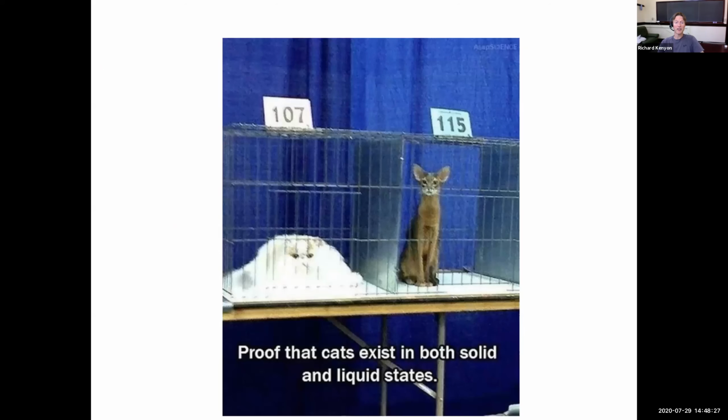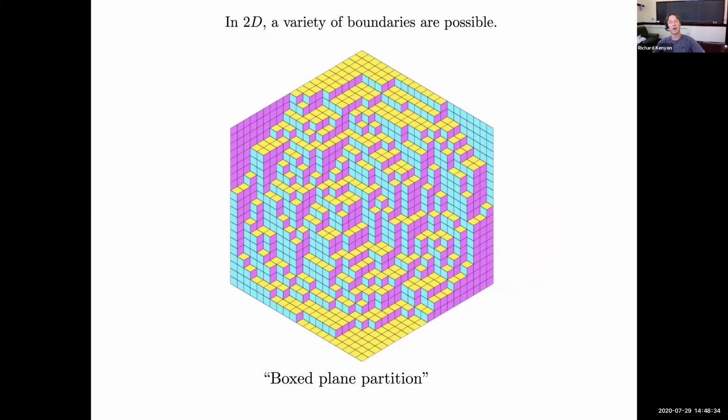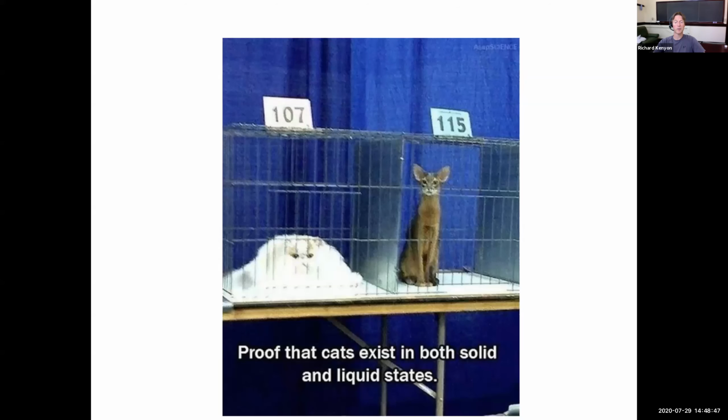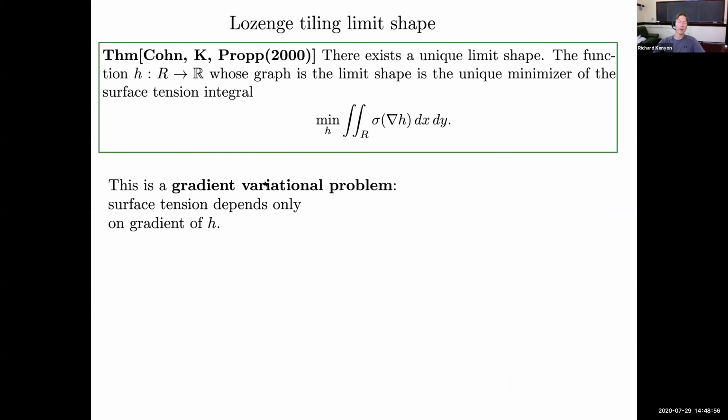You have to imagine that this hexagon has a natural height function along the boundary. As you go around the boundary, if you think about the third dimension, it starts at 0 here and goes up to n, back down to 0, up to n, back down to 0. So it looks like this picture when you put it on edge. And the limit of that random surface is this function h.